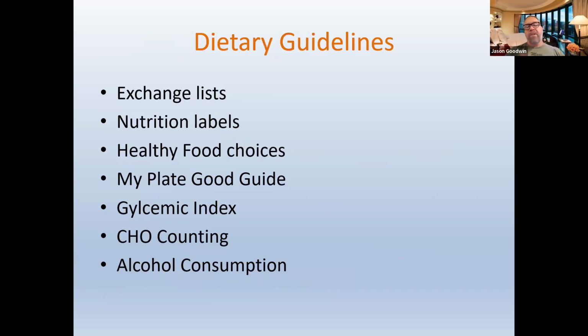Okay, so exchange lists, like I said, with nutrition, they can help you with that. Nutrition labels, they might need you to help them understand how to keep track of their carbs, where you can find that on the nutrition label, things like that. What's healthy, what's not. I told a story to the class about my mother-in-law. When we were younger, our kids, we tried to minimize their sugar intake.